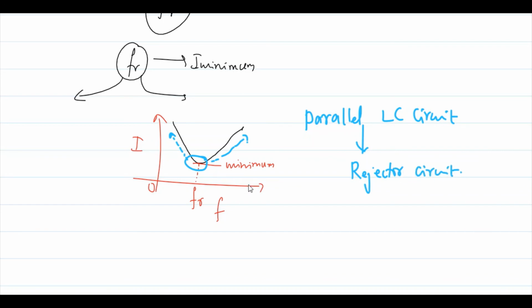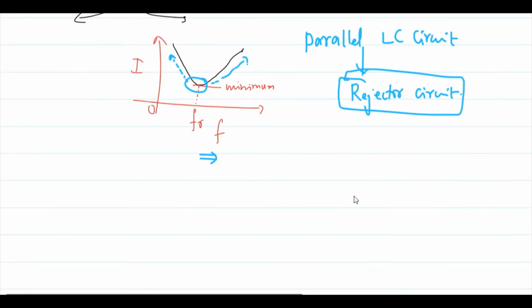If you look at this resonance curve, it is almost opposite to the LCR series resonance, where we call that particular circuit an acceptor circuit. There, at a particular frequency the current was maximum. Here, at a particular frequency the current is minimum. That's why this circuit is called a rejector circuit.